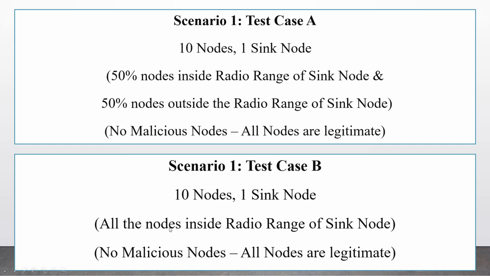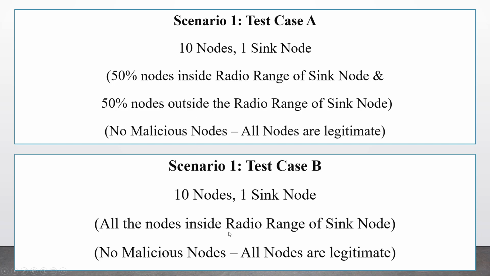That means all 10 nodes can directly communicate with the sink node. Here there are no malicious nodes, and all the nodes are legitimate. So this is our first scenario.